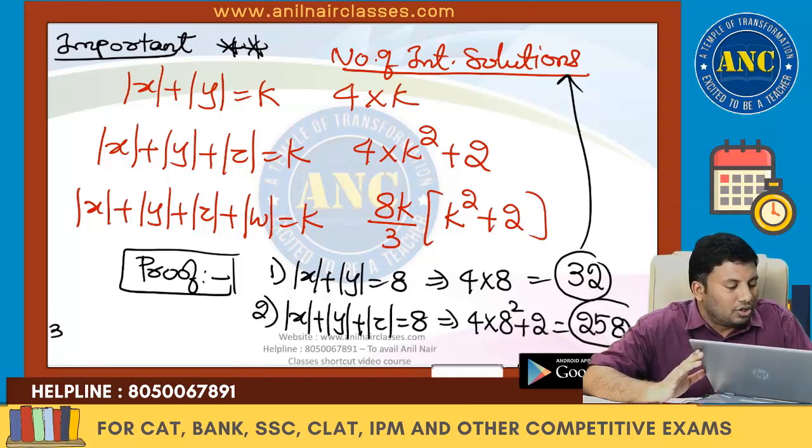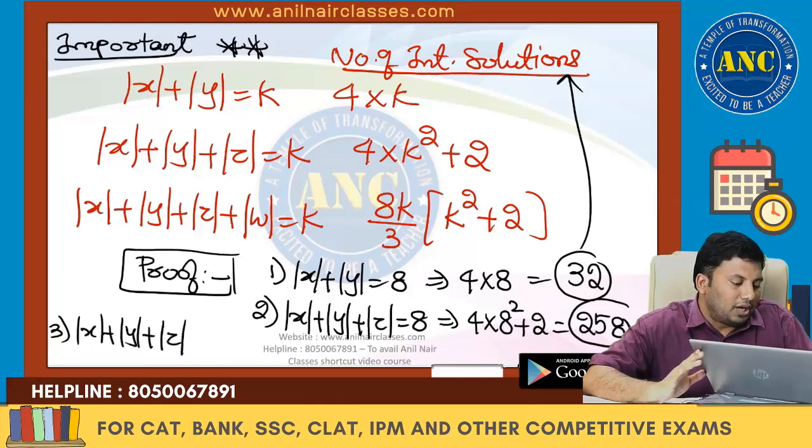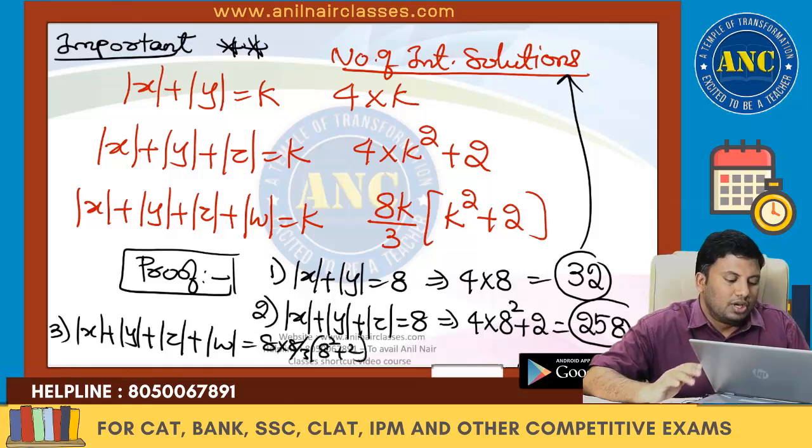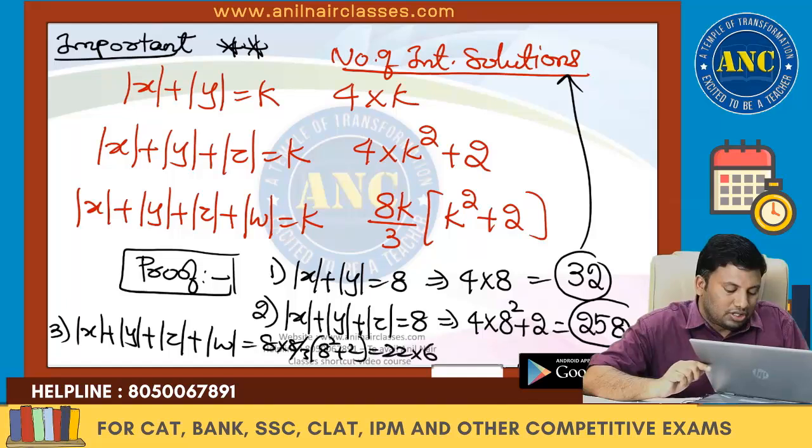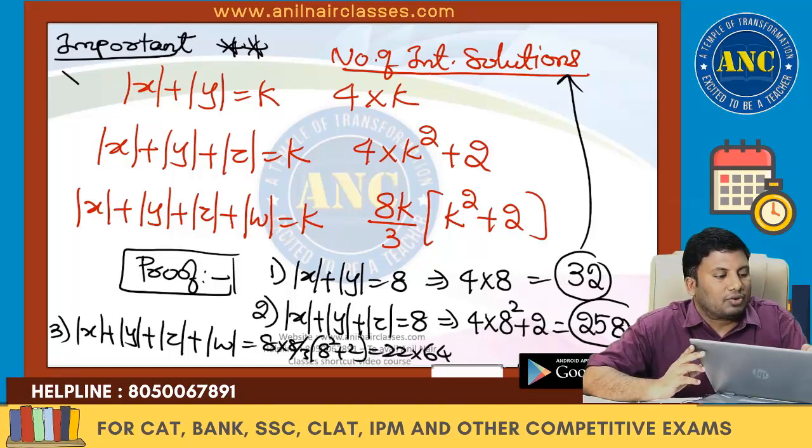Third one also you can substitute: |x| + |y| + |z| + |w| = 8, so (8·8/3)(8² + 2) = (64/3)(66), 22 into 64. Directly you can write it.